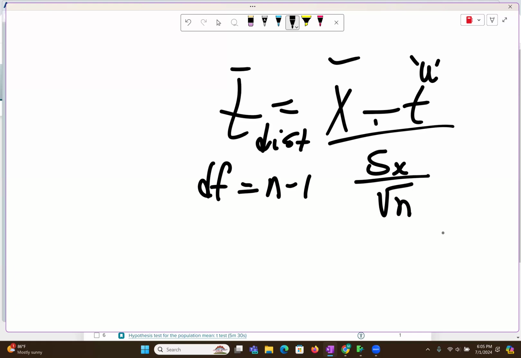So it's the sample mean minus the population mean, over the standard deviation of the sample over the square root of n. And we're going to deal with degrees of freedom, which is n minus 1.